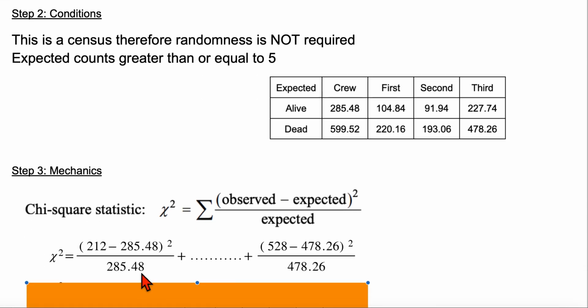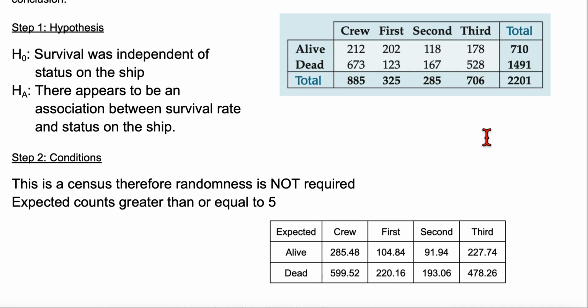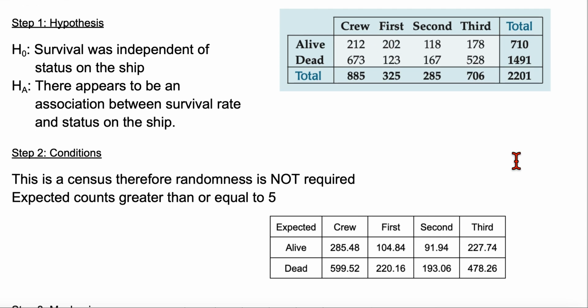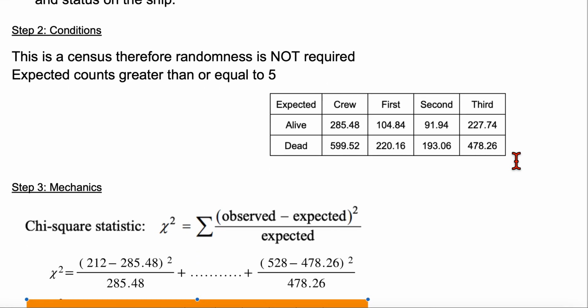I squared it and I divided it by the expected value. And then I used the very last corner. Okay, so I showed the first, and then I showed the last, observed minus expected squared, divided by expected. And that's what you see in this formula right here.